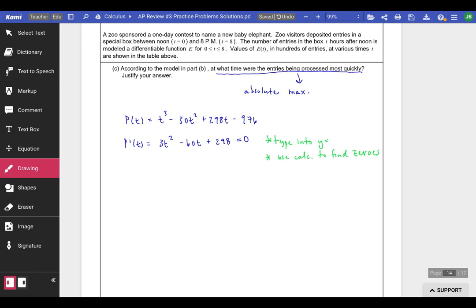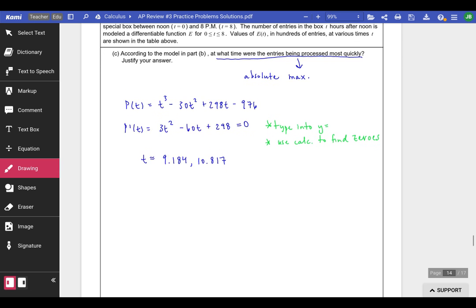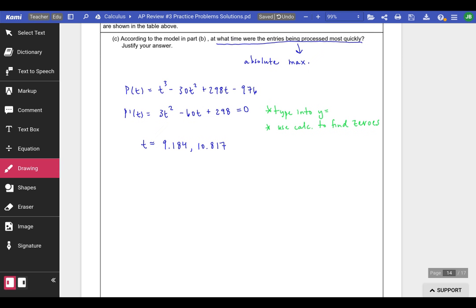If I do that, I did this already, I get t is approximately 9.184 and then 10.817. Now I need to make my options table, comparing t and P of t.